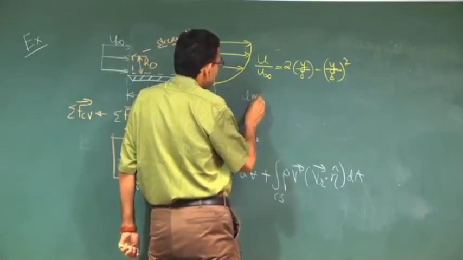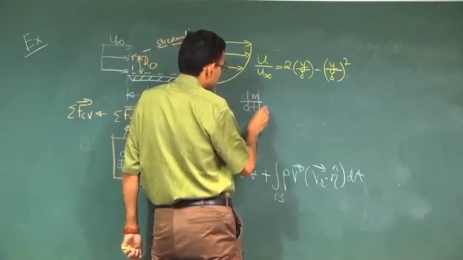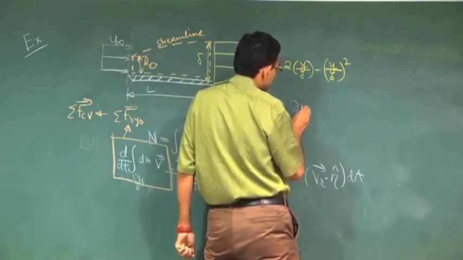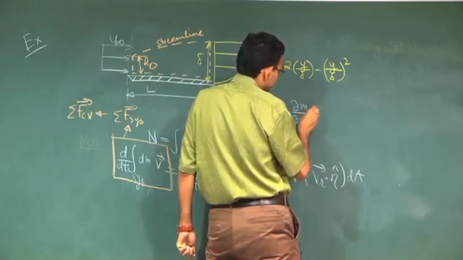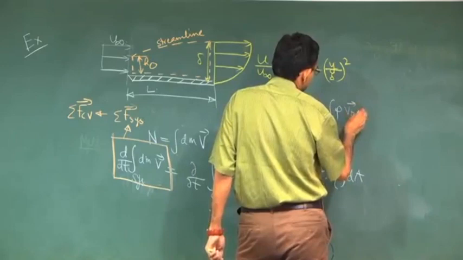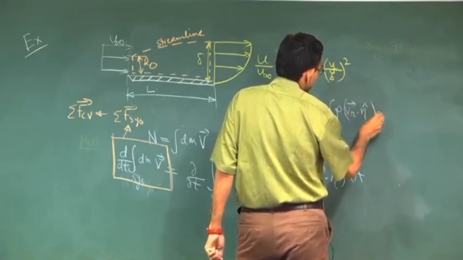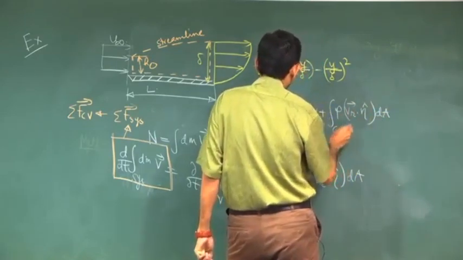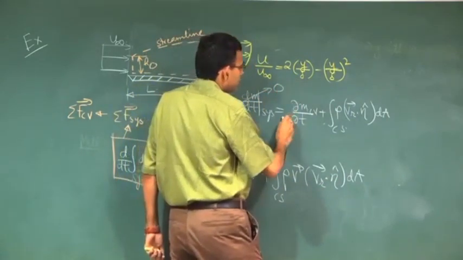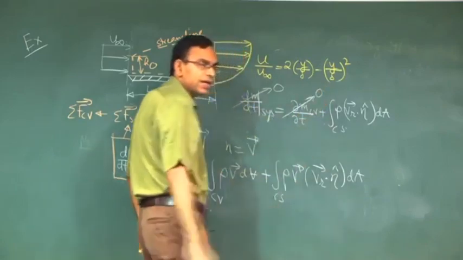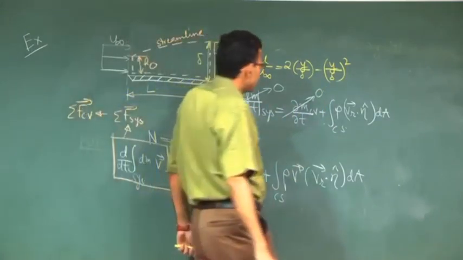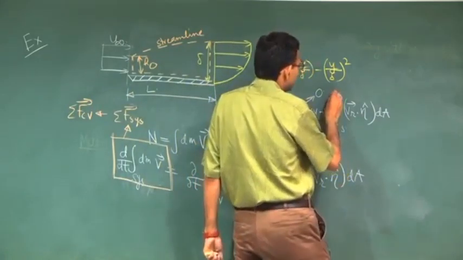again dm dt is 0 because the control volume is fixed and rho is fixed. So this will have one inflow and one outflow term.